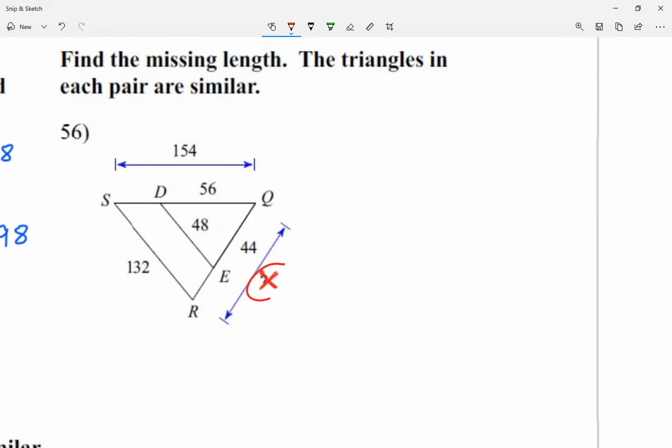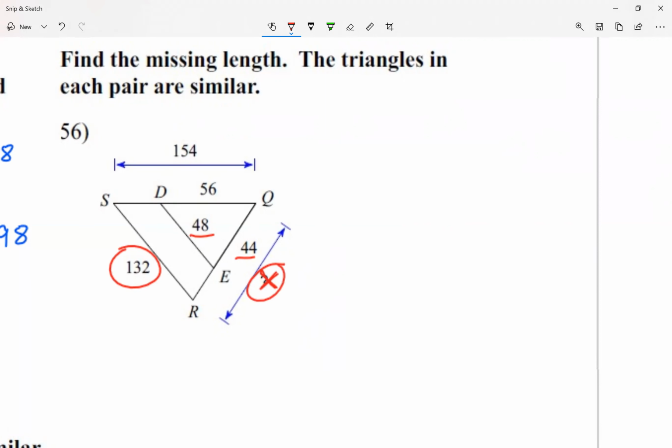I'm going to use X because I need to solve for X. And I know X is corresponding with 44 from the small triangle. And I can use from the big triangle either 132 or 154. I'm going to choose 132 just because it's smaller. And 132 is corresponding with 48.